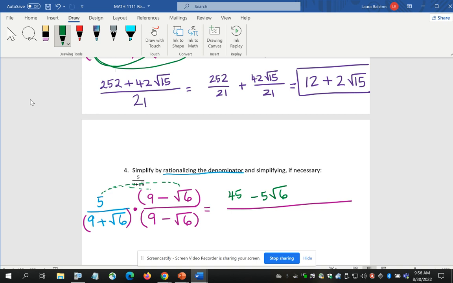Then in the denominator, we do FOIL. 9 times 9 is 81. 9 times minus 6 is minus 9 square root 6. Positive square root 6 times 9 is plus 9 square root 6. And then square root 6 times negative square root 6 is minus 6.